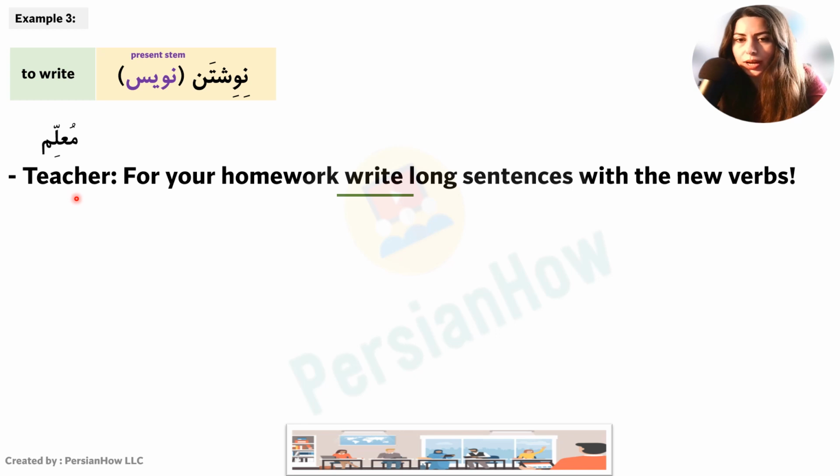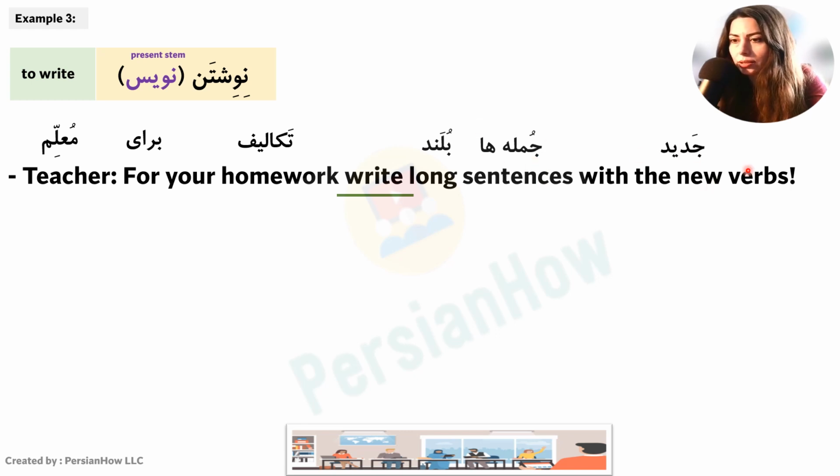Let's go over the vocab. Teacher is معلم. For برای, homework تکالیف. Long is بلند. Sentences جمله ها. And then new is جدید, verb or verbs, فعل ها or أفعال. أفعال here is the plural form of it. We call this plural form Arabic plural or broken plural.